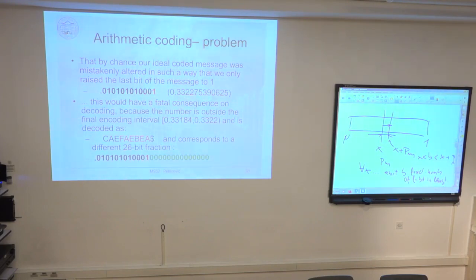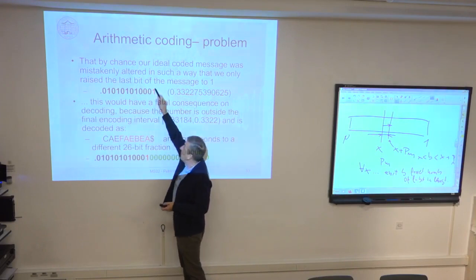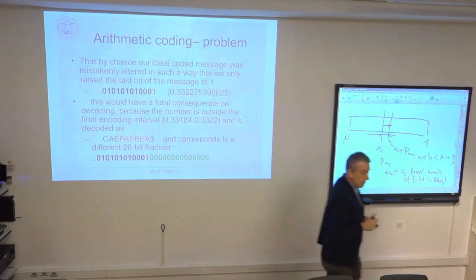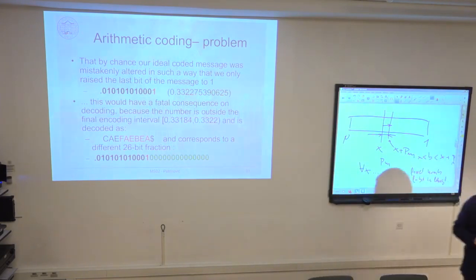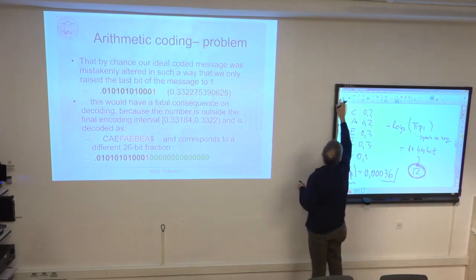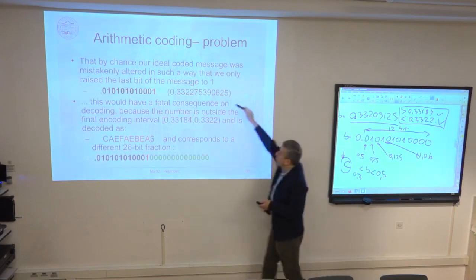The original message had 010101 and finally 0000. But maybe the last bit, the least significant bit of this message, was toggled, and the fractional binary number corresponding to this binary representation is not the one that is supposed to be used. This one is the correct one, but it is the wrong one.